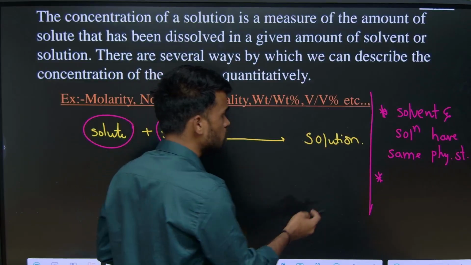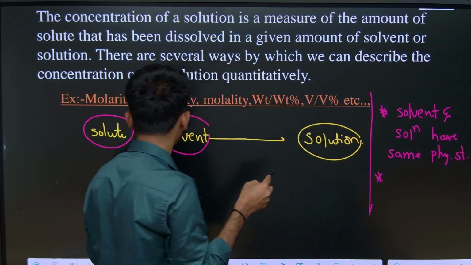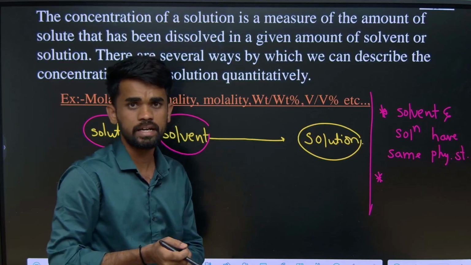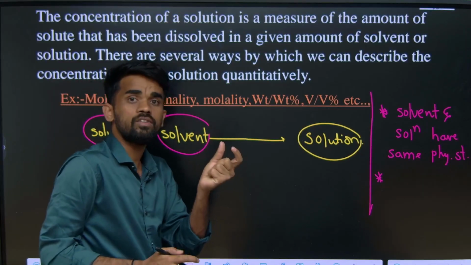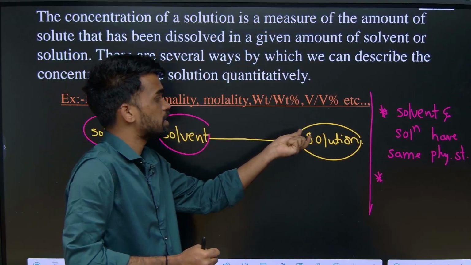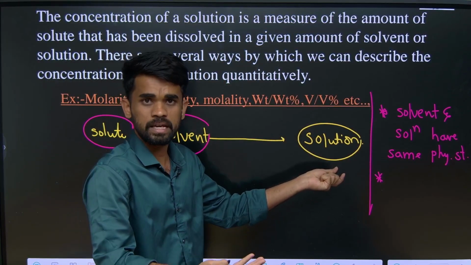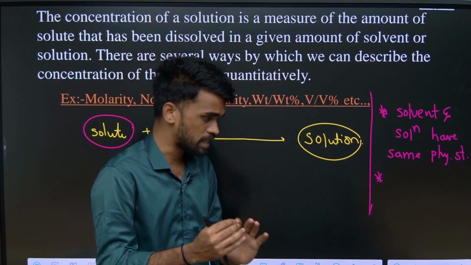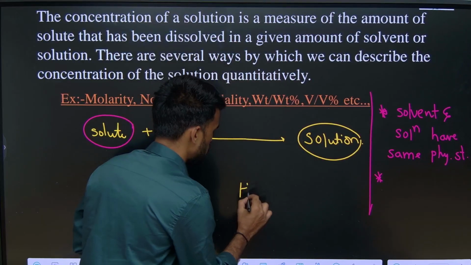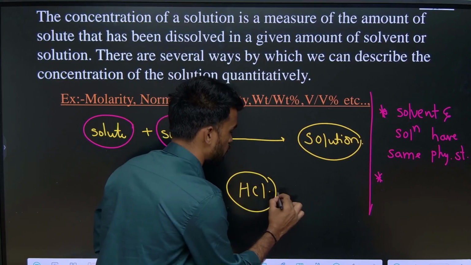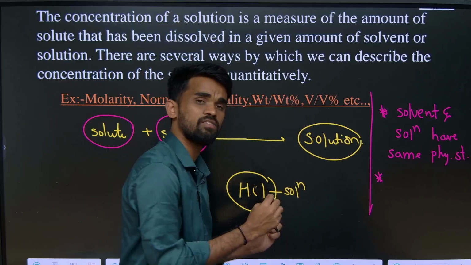Now, in the solution we have solute and solvent, these two components, right? How much of the solute is present in the solution can be expressed in terms of concentration terms. For example, if I say HCl solution, it's not actually pure HCl, which would be in the gaseous state.